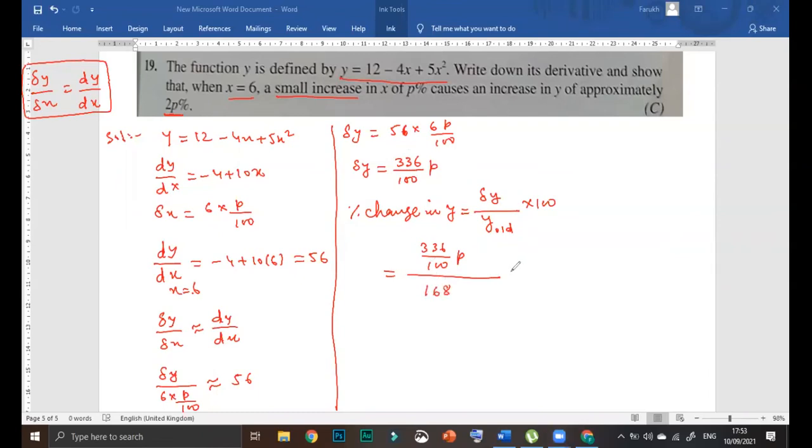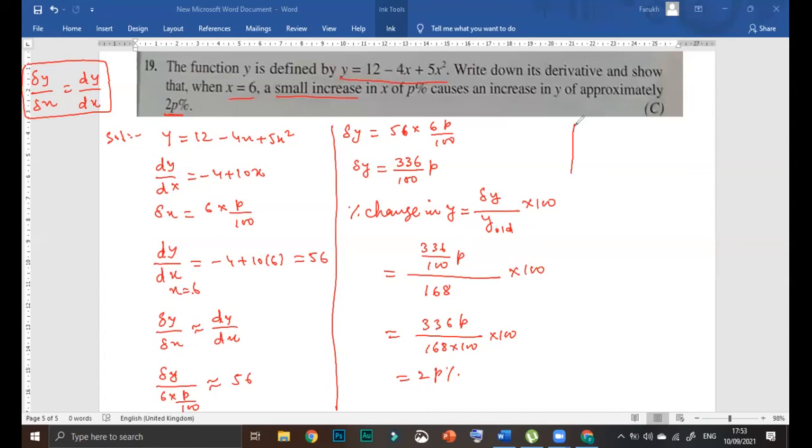So this is 336p over 168 into 100 over 100, which is equal to 2p%. If the change in x is in terms of percentage, then we will give the change in y in terms of percentage.